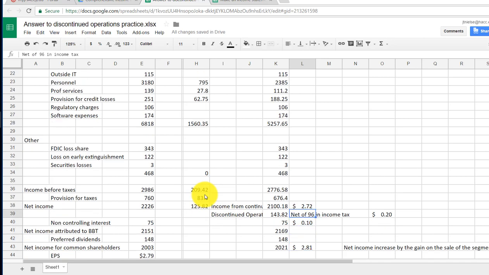So in this case, we start with the income from continuing, that's the name. If there is a discontinued operation, we use the term income from continuing operations. Now the discontinued operation is going to be one number on that income statement. You'll see in my formula, it is the amount from the discontinued operations plus the $30 million gain from the sale of the segment minus the tax on the gain on that sale, which would be 40% or 12.